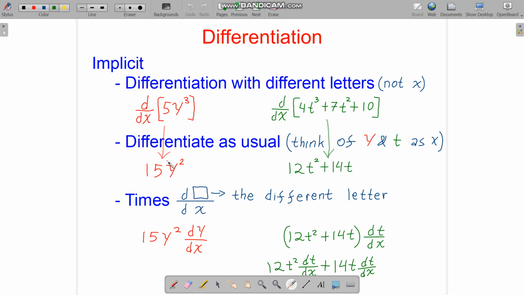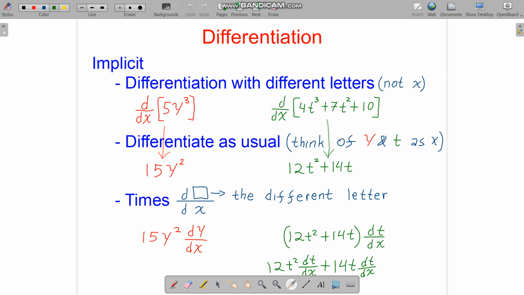We differentiate as usual, we think of the y and the t as x, so just like the derivative of 5x cubed is 15x squared, but we use y here, so 15y squared. And here if we differentiate, we get 12t squared plus 14t, but we multiply by d box/dx.